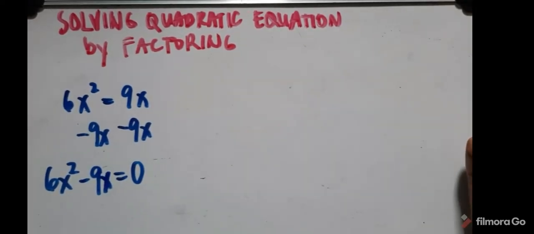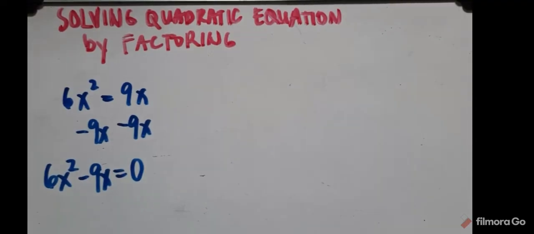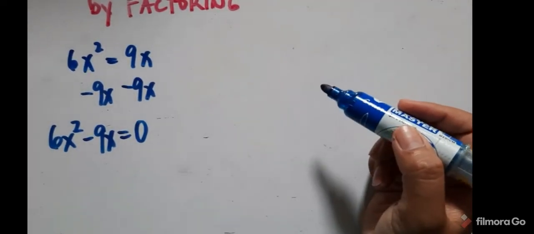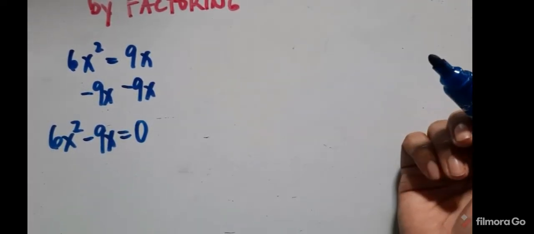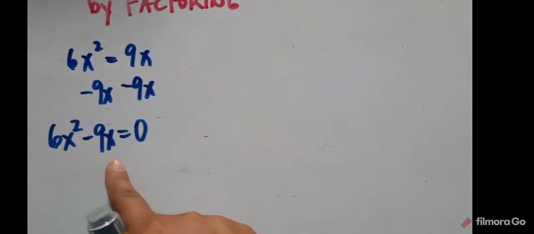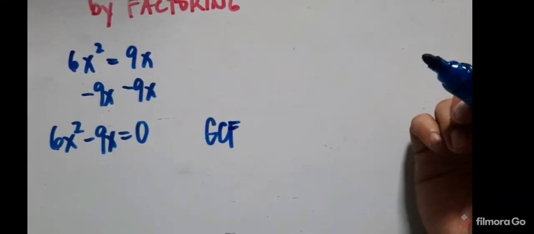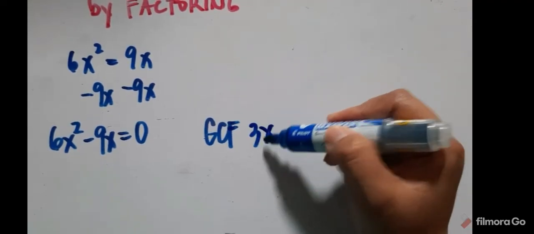Now, given this quadratic equation, we are going to factor. So what are the factors of 6 and 9? x squared and x. So our GCF is equal to 3x.